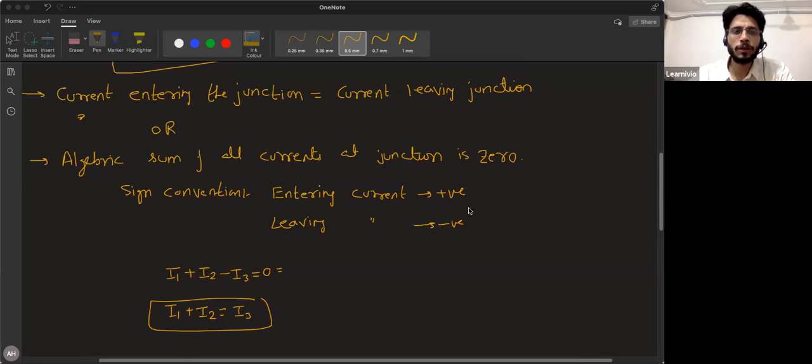Some portions are being deleted and some portions are being added. Added means those portions were deleted in the last session, they were not there in the last session's syllabus, so they add those topics. Cyclotron is a part of the deleted portion. Even in current electricity, they removed potentiometer. I don't know why they removed potentiometer.